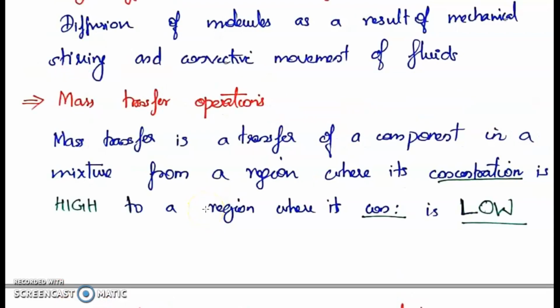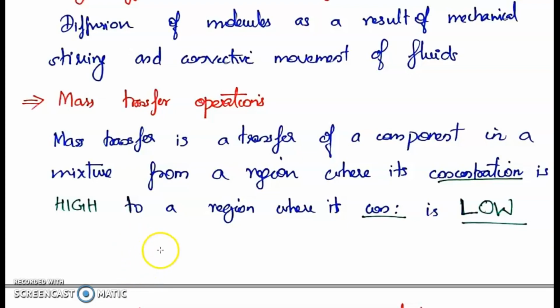So now we can define mass transfer. Mass transfer is the transfer of a component in a mixture from a region where its concentration is high to a region where its concentration is low. This was visible in all the experiments that I have shown you, right from the ammonia transfer.